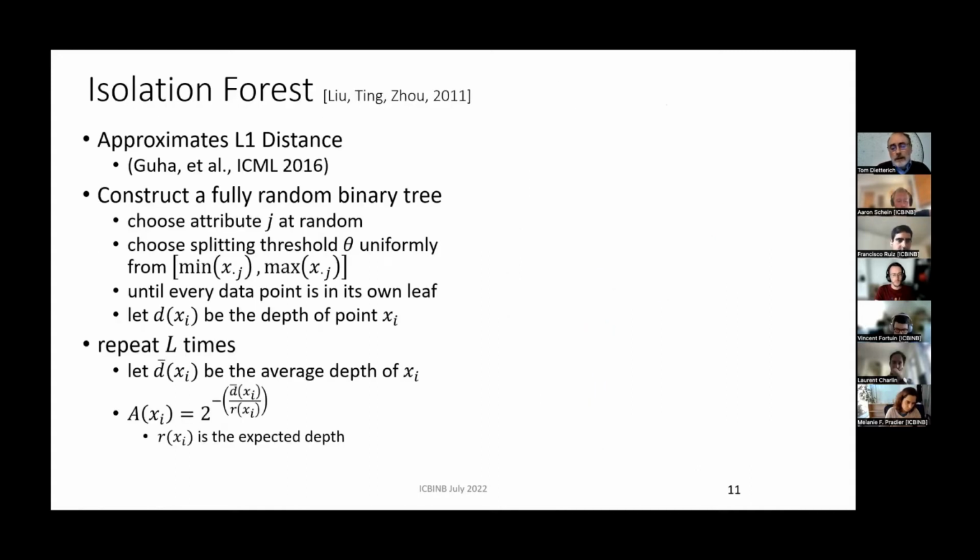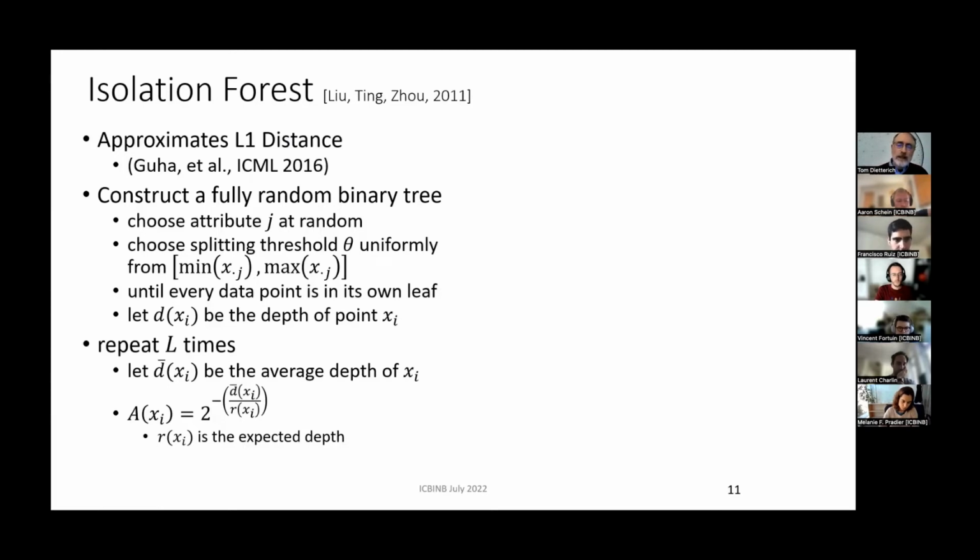For instance, this algorithm that I keep mentioning, the isolation forest, was developed by Liu, Ting, and Zhou back in 2011, and it was proved in 2016 by Guha et al. that it's basically a distance-based method that approximates the L1 distance between a query and the training data.